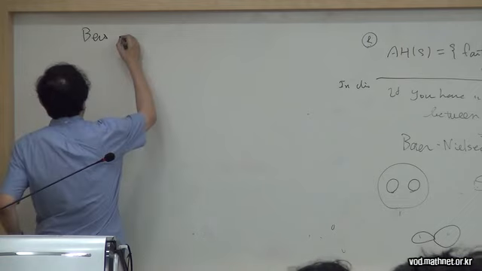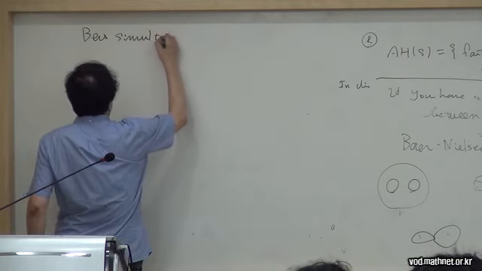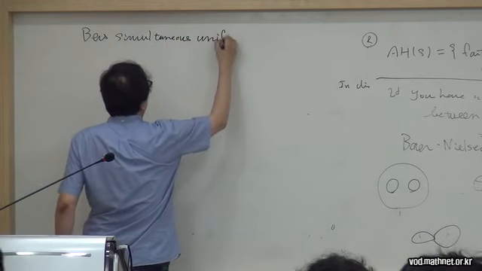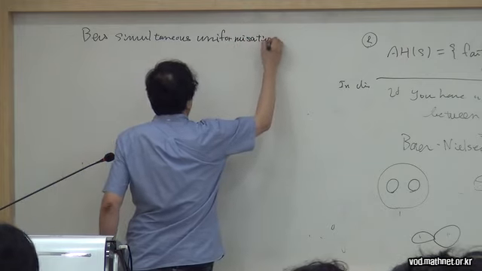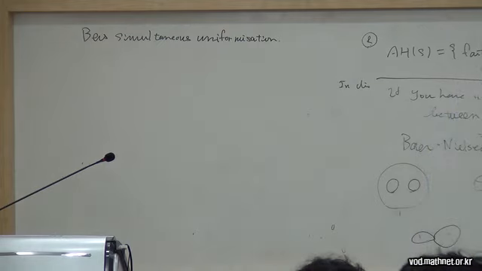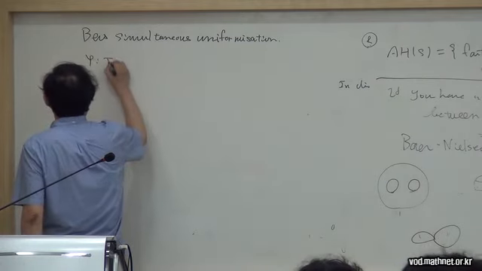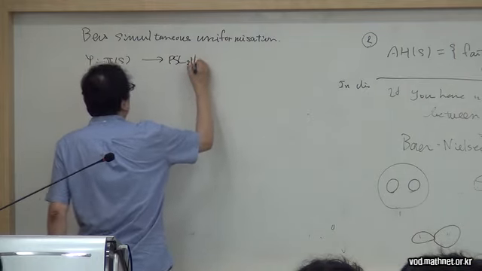It's called the Bers simultaneous uniformization. We start from a Fuchsian representation, a representation of pi 1 of S into PSL(2,R).